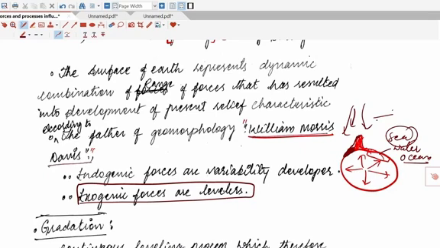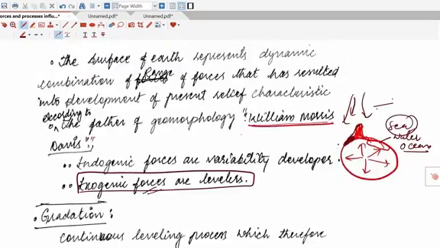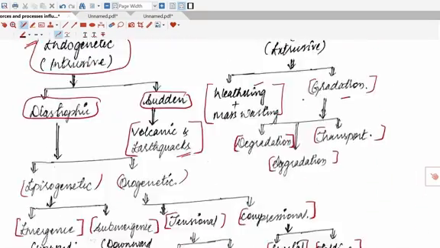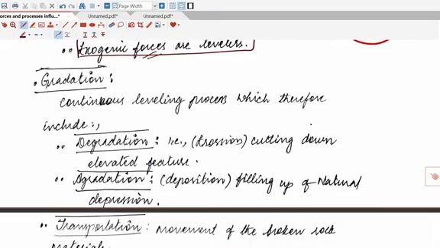So exogenetic forces act as levelers, which help in leveling the Earth's surface. Now, the first topic from here, we'll take exogenetic forces and discuss gradation.